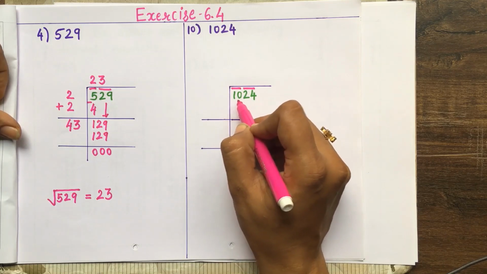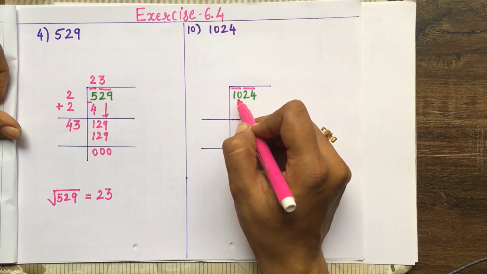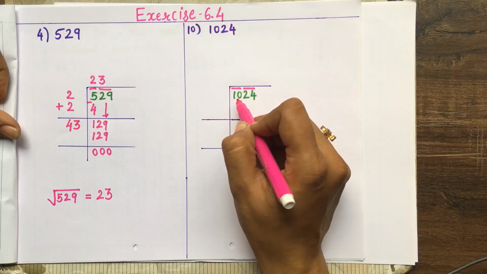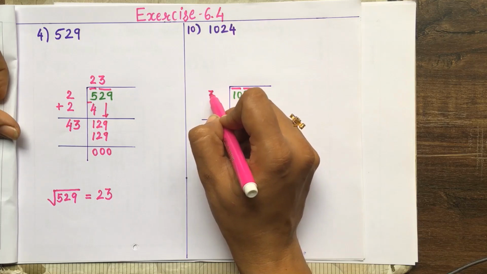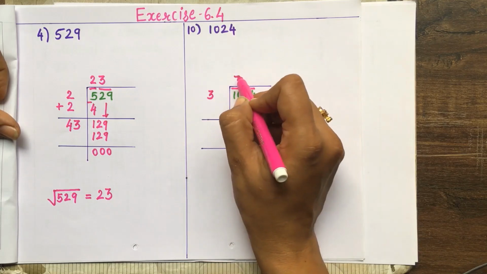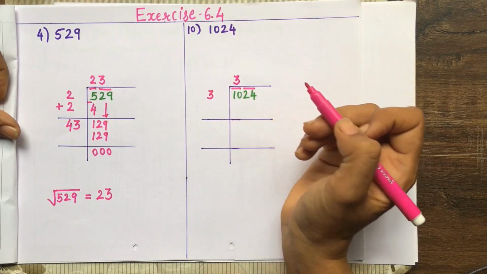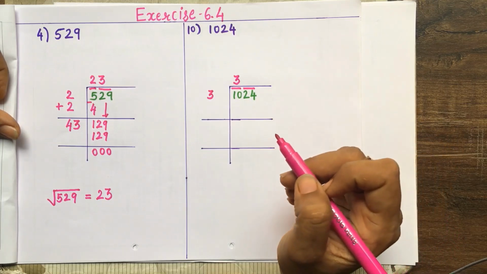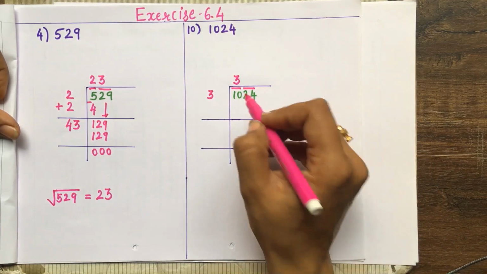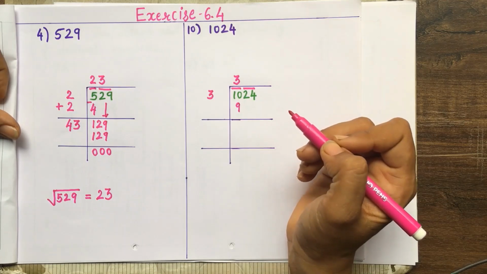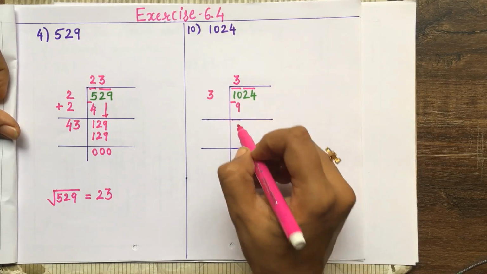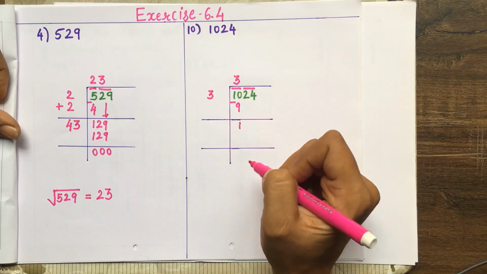We know that 10 is not a perfect square, and the nearest perfect square number which is also smaller than 10 is 9. So here we will start with 3 because square root of 9 is 3. So 3 3s are 9, we will write over here. Okay, taking subtraction, we have 1.